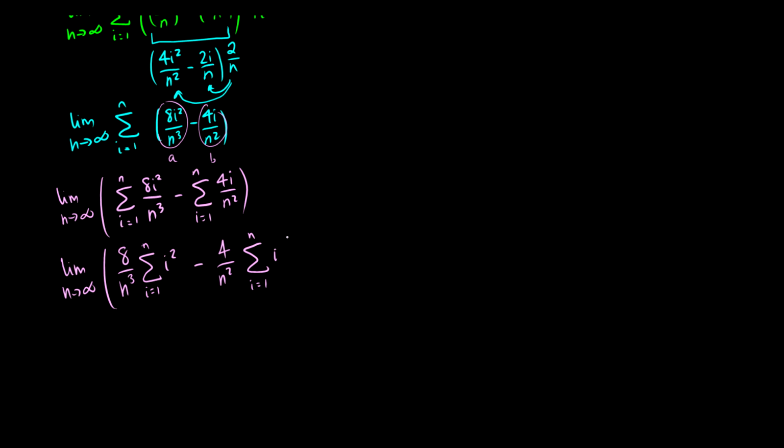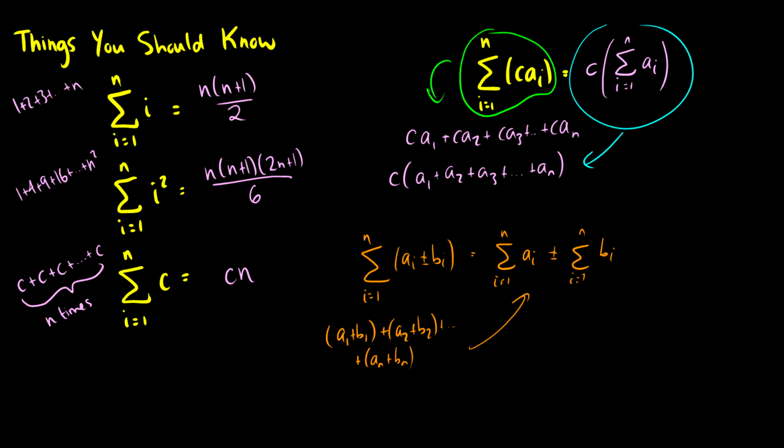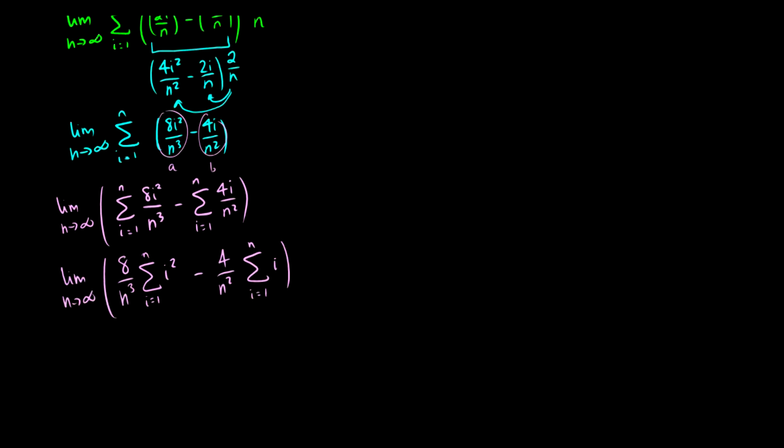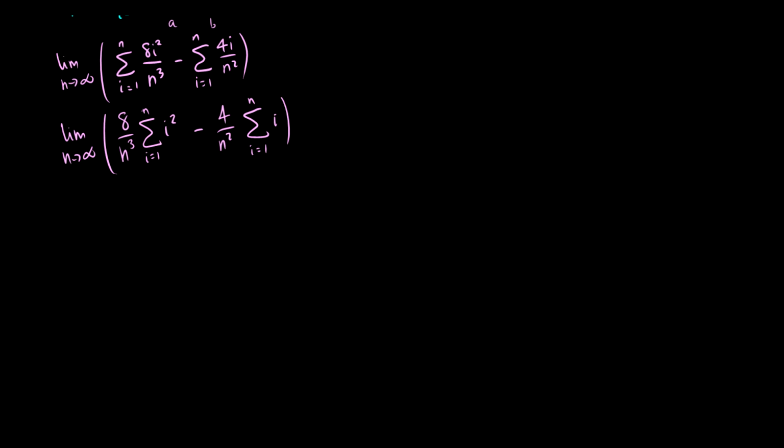Now, why do we want to isolate the i's here? Well, we know formulas for this, and if we take the limit as n goes to infinity, we need to have everything in terms of n to cancel things out. So we have a nice spot right now where we just have the sum of i squared and the sum of i, so we can put the formulas in for these two sums.